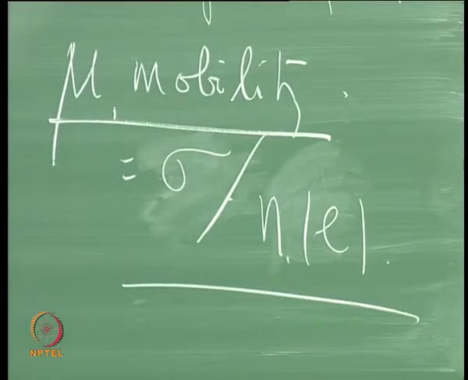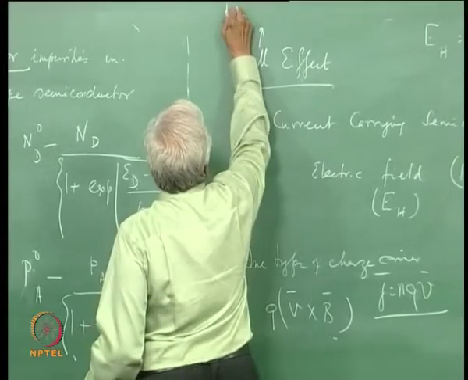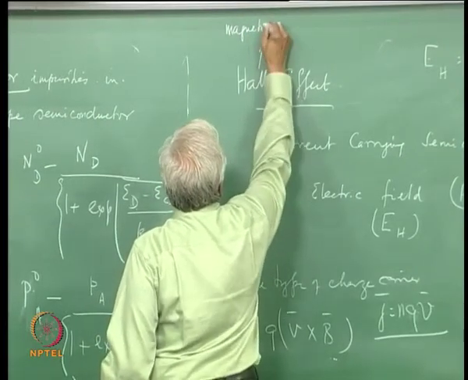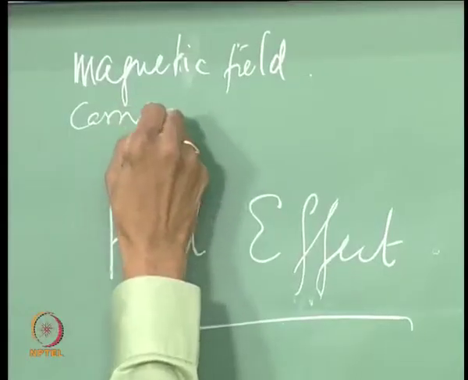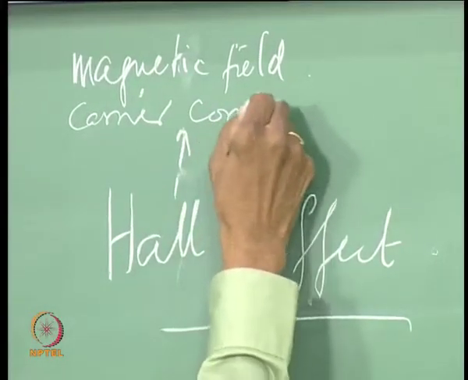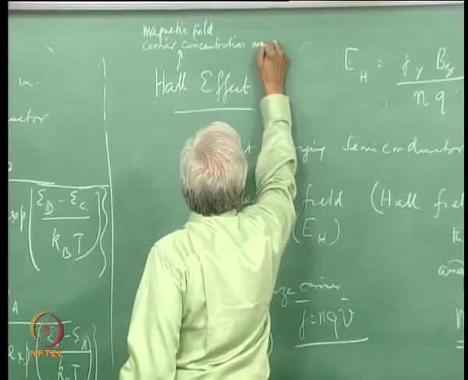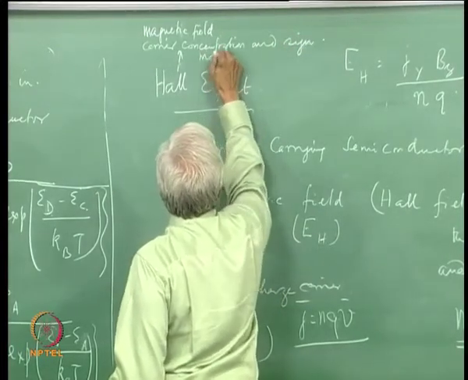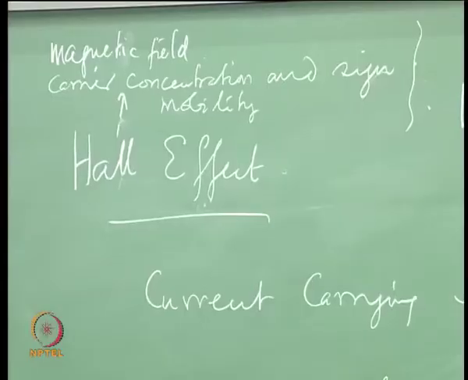So, the Hall effect is used extensively in the measurement of the magnetic field, it is used as a magnetometer, and to measure sign and concentration of charge carriers, and the mobility. These are the important applications of Hall effect measurements.